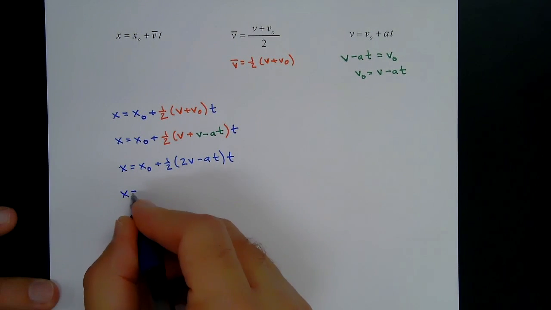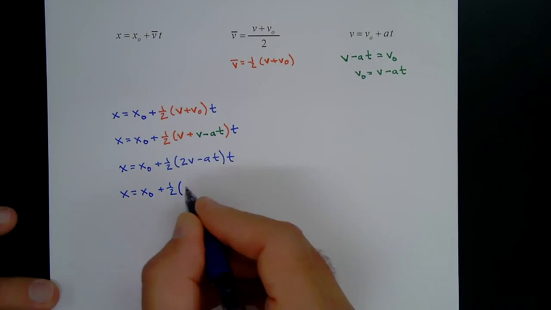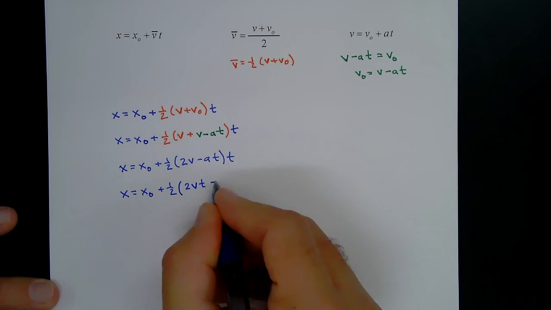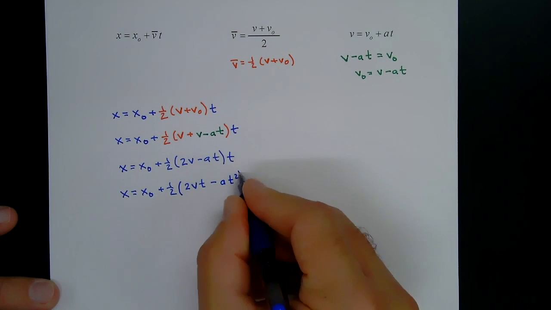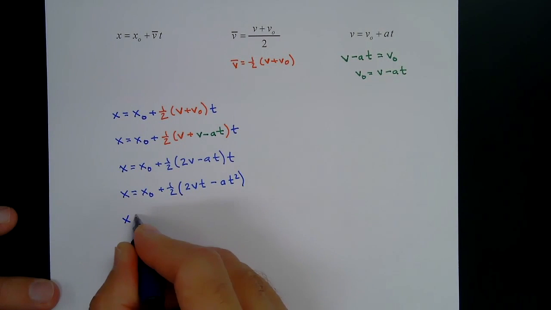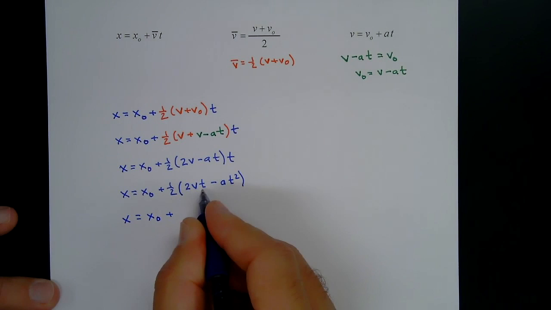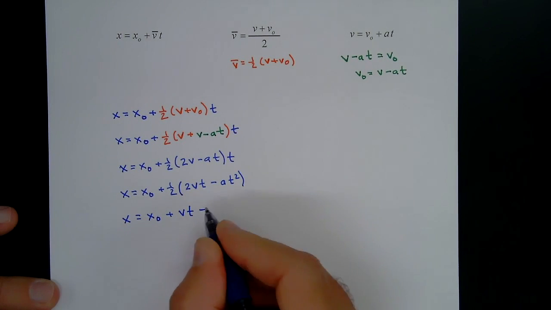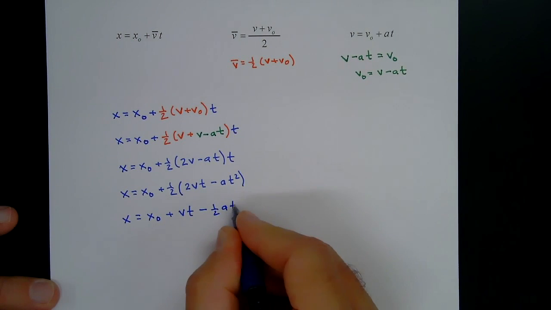So x is equal to x sub o plus 1/2 times 2vt minus at times t would be t squared, so minus at squared. Okay, now I'm going to distribute the 1/2. So x is equal to x sub o plus, well, 1/2 times 2vt becomes just vt. So vt minus, and then 1/2 times at squared would just be 1/2 at squared.